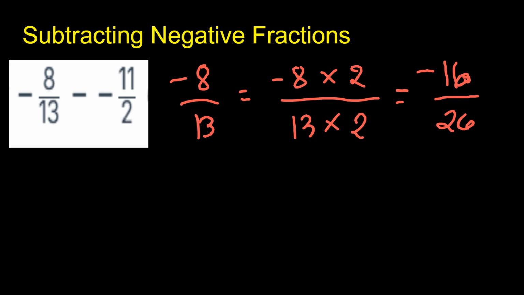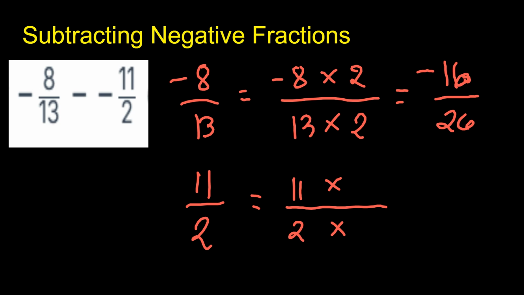And then for 11 over 2, again, we multiply both the numerator 11 and the denominator 2 by 13, because we want to make our denominators the same. What is 11 times 13?